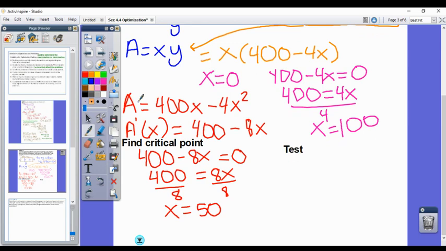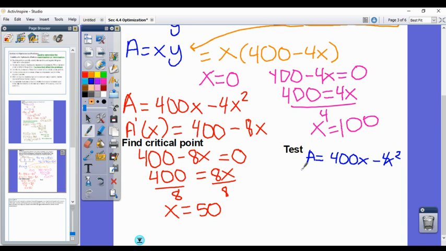And we're going to plug this into our area function that is solved for x. So we are plugging this into A equals 400x minus 4x squared.